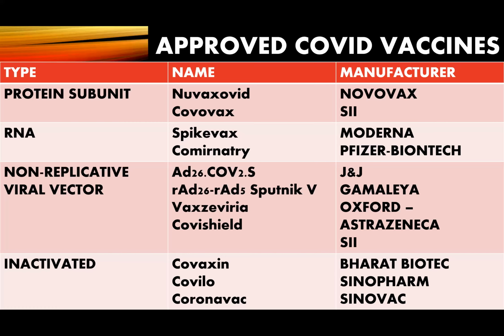There are the RNA vaccines: Spikevax, which is Moderna, and Comirnaty, which is by Pfizer BioNTech. We have the non-replicative types, 2 of them: adeno 26, and the heterologous adeno 26 and adeno 5, which is also called Sputnik. Vaxzevria is the one by Oxford AstraZeneca, and Covishield is also made in India.